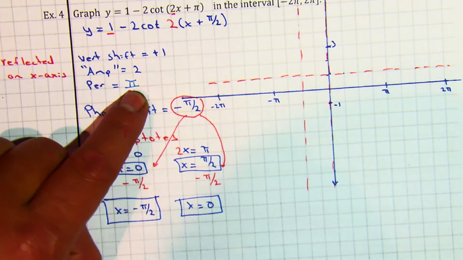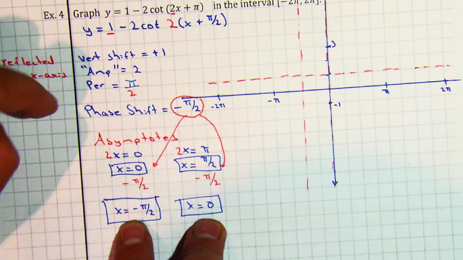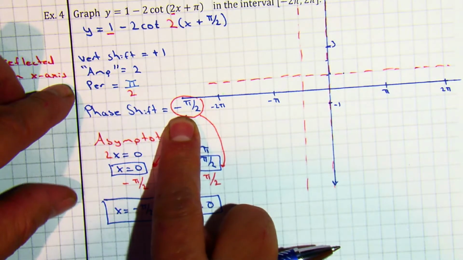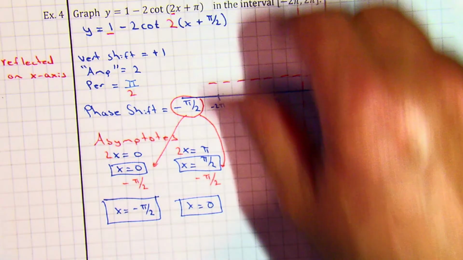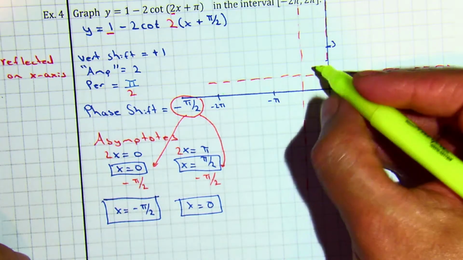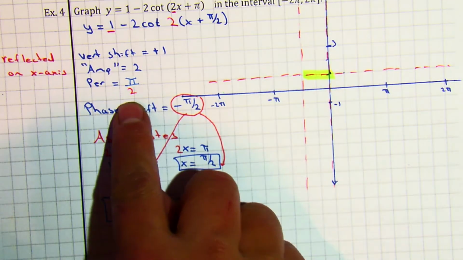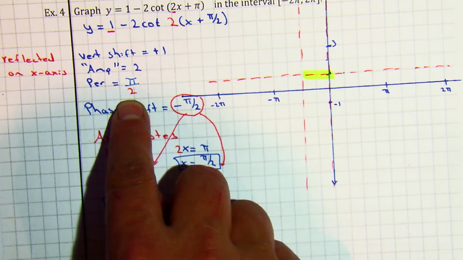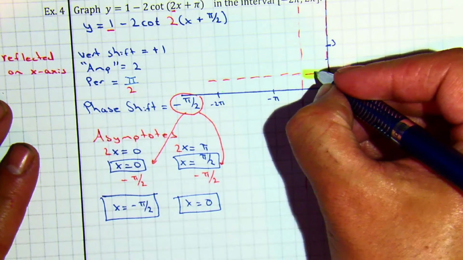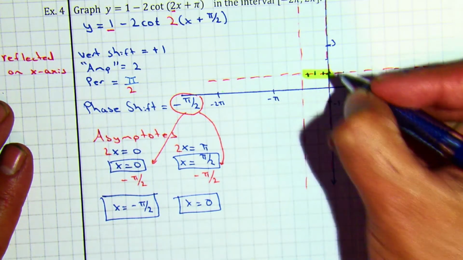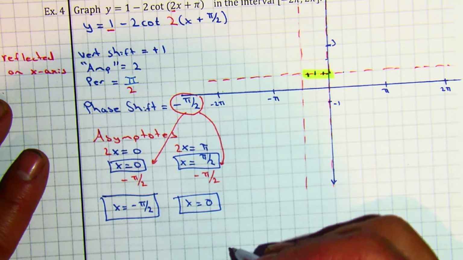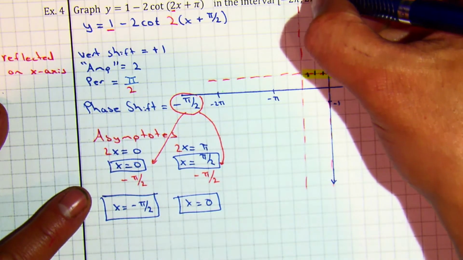My period will be taken care of by my asymptotes, and I already took care of my shift. So I'm going to highlight on my midline my period, which is 2 squares, which is pi over 2. I'm going to divide it in 4 sections. And our cotangent looks something like this.